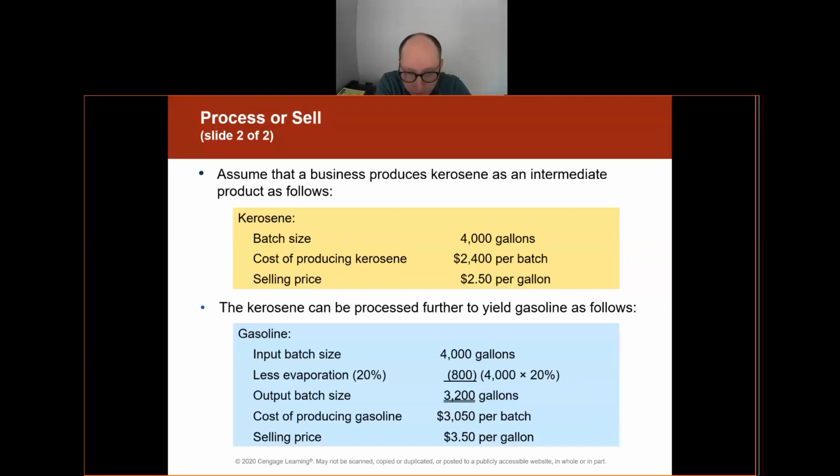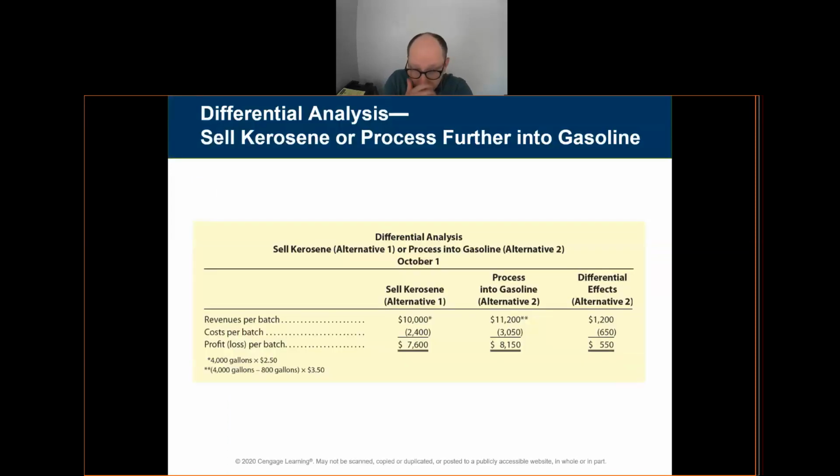The cost of producing a batch of gasoline is $3,050. Okay. So 3,200 divided by 3,050, $3.50 a gallon selling price. How do we come up with this data? Let's look at the difference.